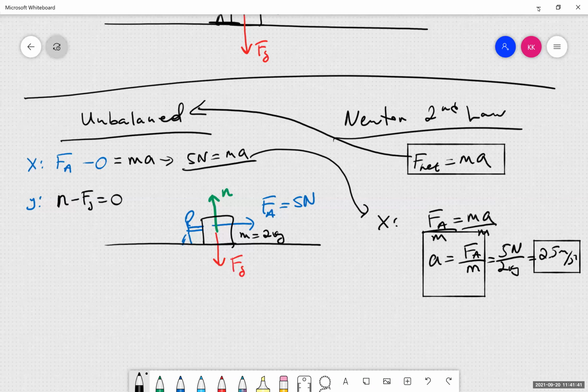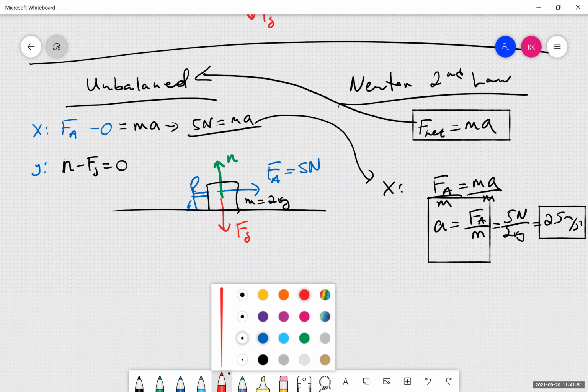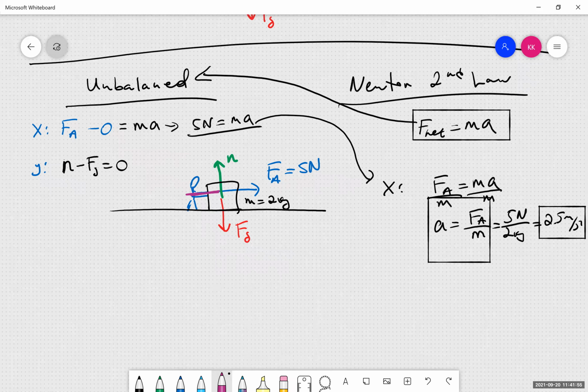All right, so what if we have other forces in the horizontal direction? Let's say there was an additional force, a friction, acting in this direction. But let's say the friction is only 2 newtons in the negative direction, so it's less than how much you're pushing.